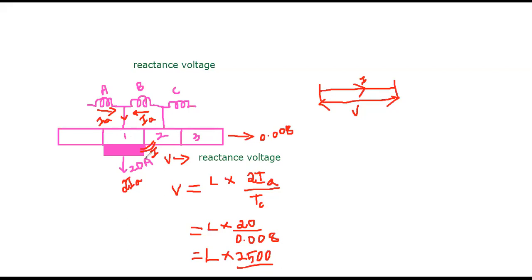If we consider R equal to rho L divided by A, this is the basic formula we know for the resistance.